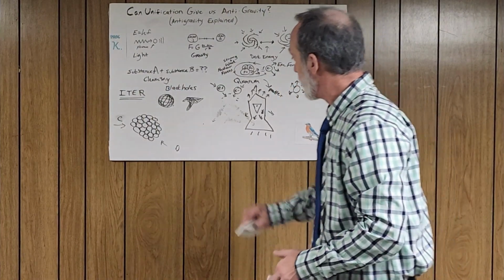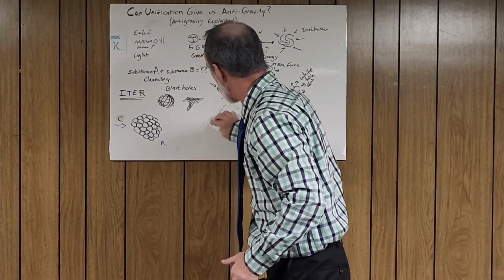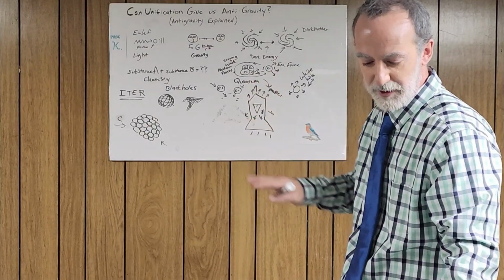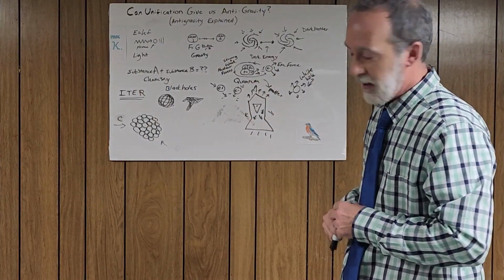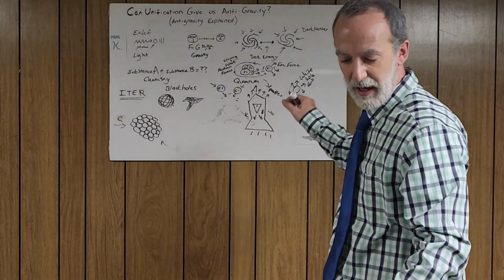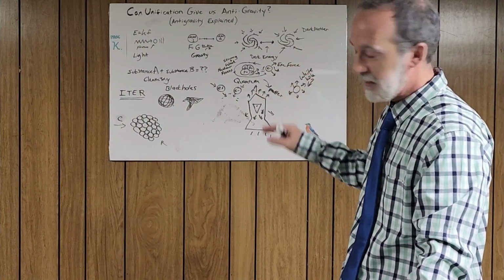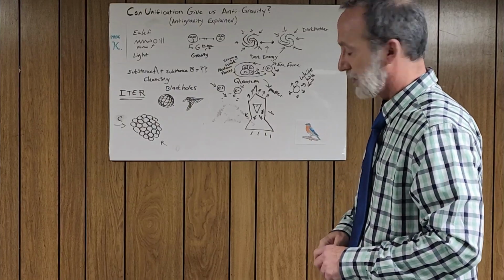So the fabric, quote unquote, of space-time being stretched or warped would instead be this dynamic particulate ether, and that would be what gives us this anti-gravity.